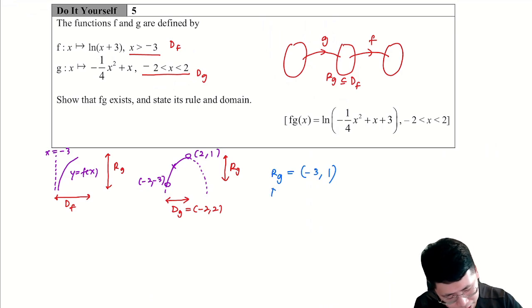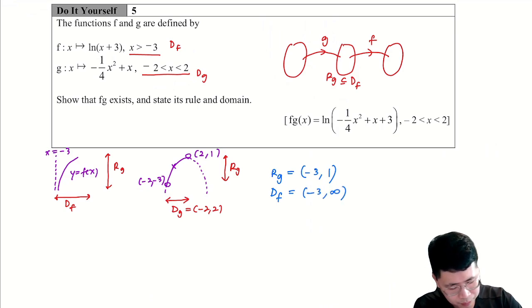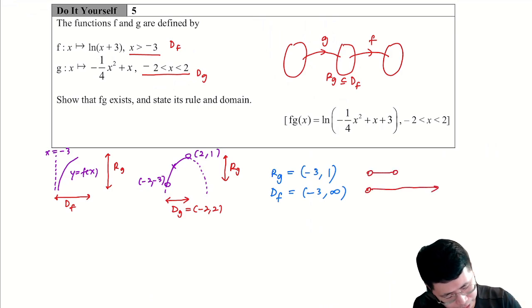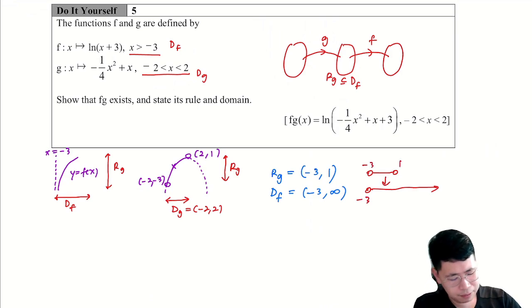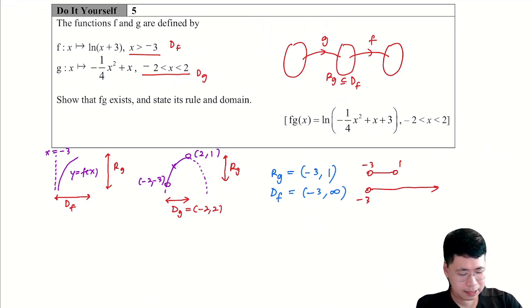Now the domain of f would be from negative 3 onwards until infinity. So if you were to double check over here, the first set can fit within the second set. It's a smaller set than the second set.